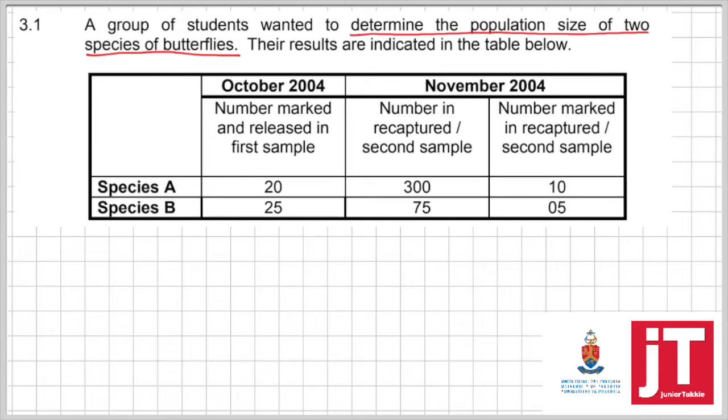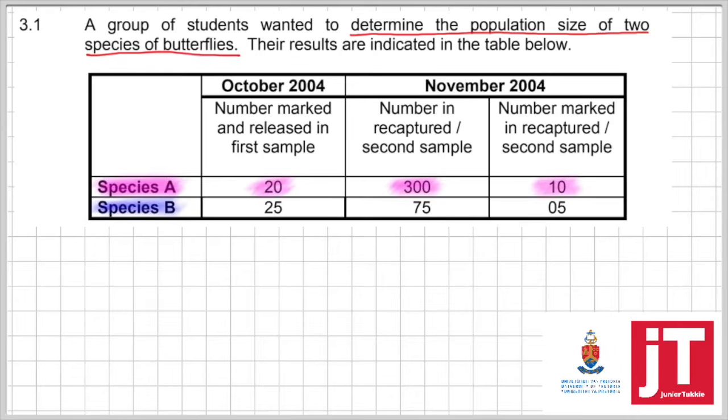So there's a substantial increase in the number of species A, and the number of marked in that second sample is only 10. If we look at species B, in October 2004, there were 25 individuals marked and released. In November 2004, there were 75 captured in the second capture, and of those, only 5 were marked.